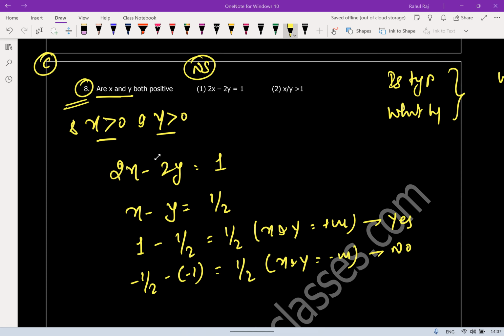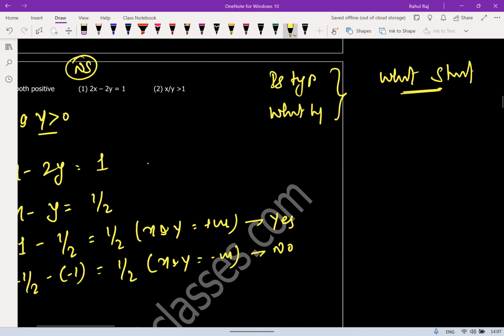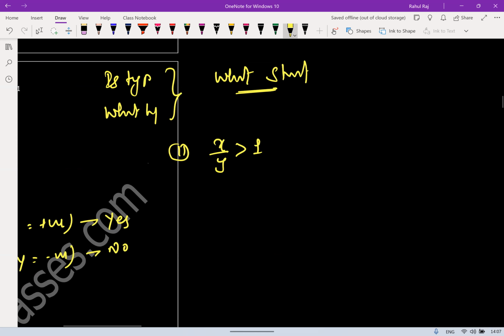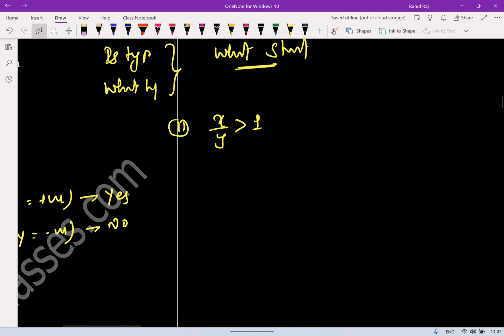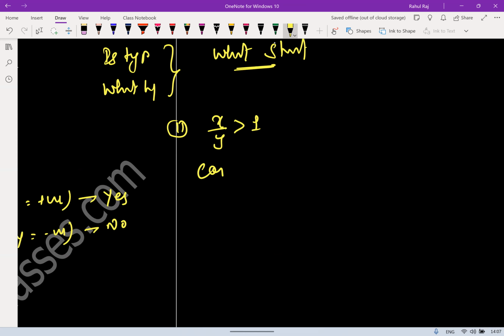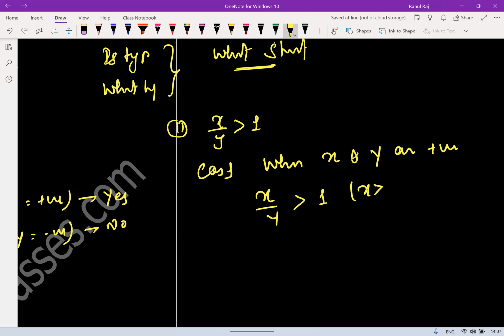Now when I come to statement number 2, it says x over y is greater than 1. I have told you two cases yesterday itself. What do you mean by a fraction greater than 1? I can have two cases for sure. Case 1, when x and y are positive, then for a fraction x over y to be greater than 1, can I say x should be greater than y?